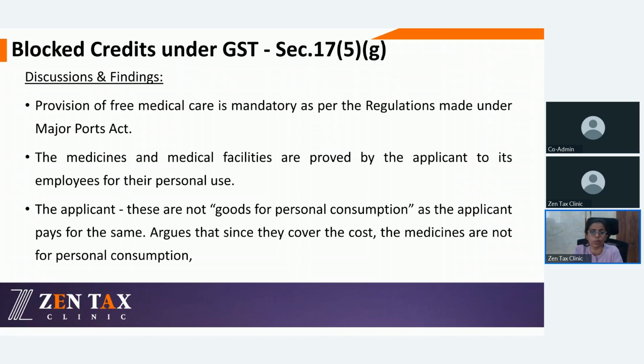This was the argument they put forth: if the goods are used for personal consumption, then ITC is ineligible. But in this case, the applicant is not using the goods for personal consumption. Rather, their employees, or whomsoever gets the benefit, would be treating it as personal consumption.